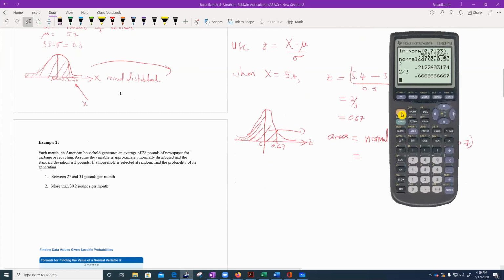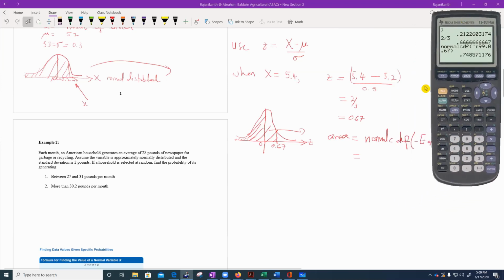I'm going to normal CDF, negative E99, comma, 0.67. This will give you the area, to three decimal places, 0.749.